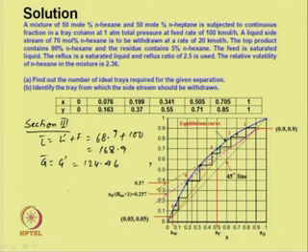So, the equation of the operating line for the stripping section, in a similar way we can write, y m plus 1 would be equal to 1.357 x m minus 0.018.